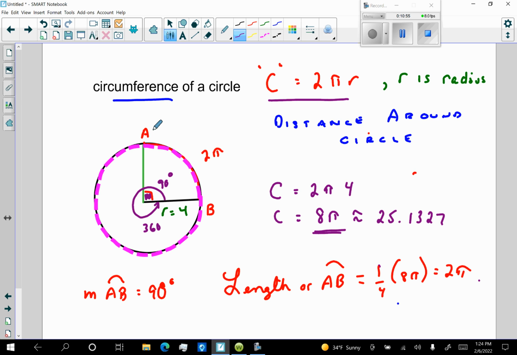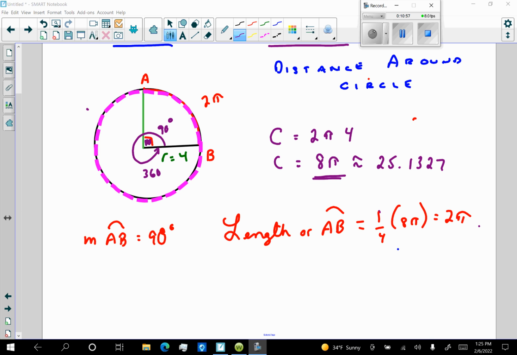That's very interesting. So I'm going to do one more with this particular example, one more arc, and see if you can figure out what the length of that is. What if I put this point here, C?